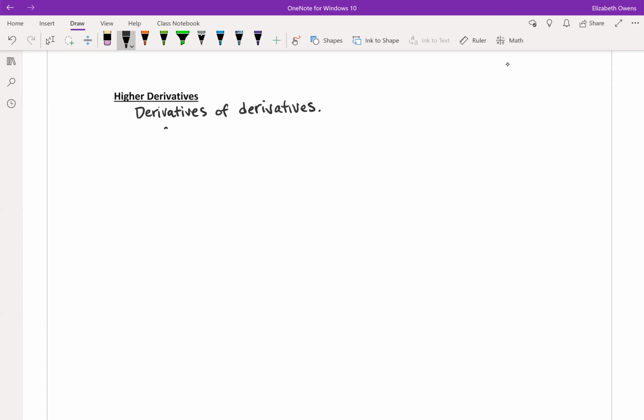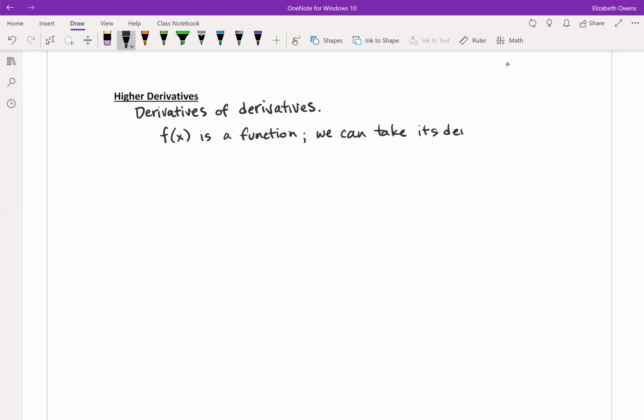So to put that in notation here, f of x is a function, all right, our original function, and we can take its derivative. We've been doing that all section here, all chapter even.